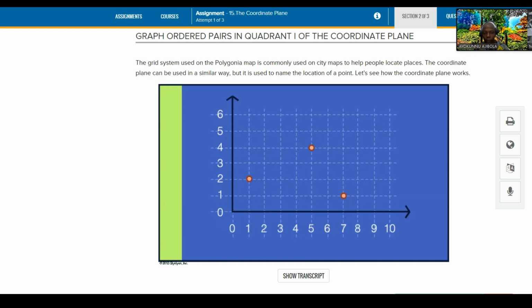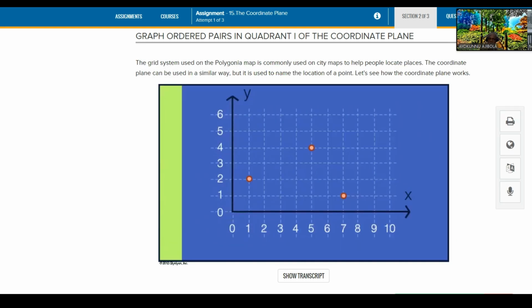The point at the start of each side of the grid is called the origin. The horizontal grid line is numbered to indicate the horizontal distance that a point is from the origin. It is called the x-axis. The vertical grid line is numbered to indicate the vertical distance that a point is from the origin. It is called the y-axis.